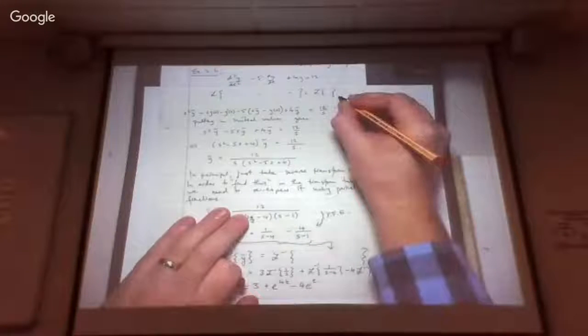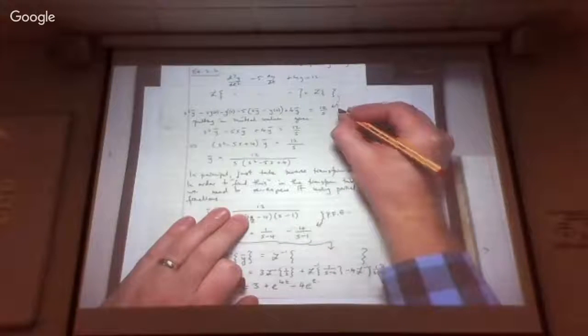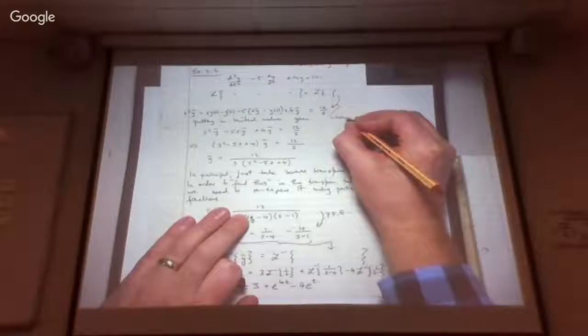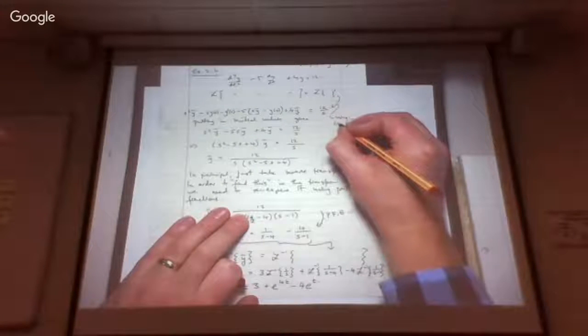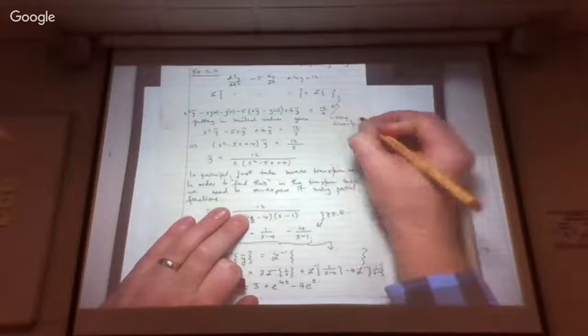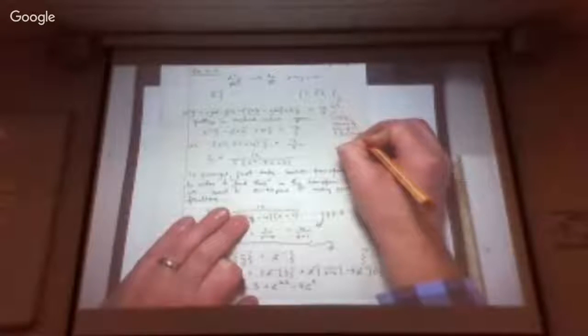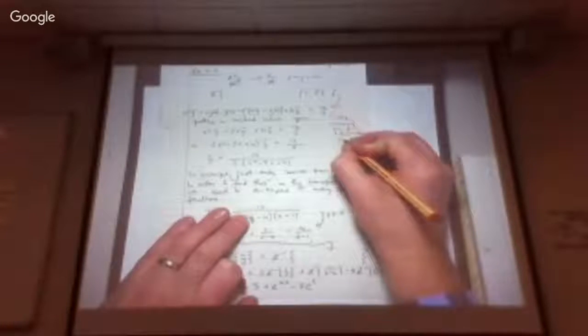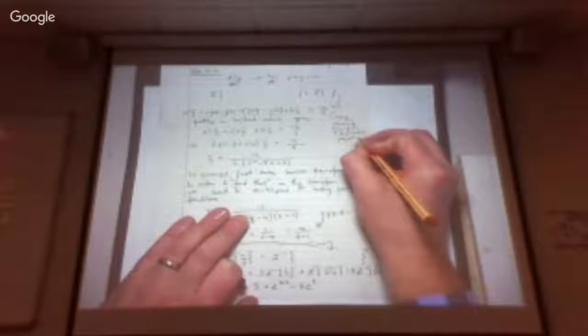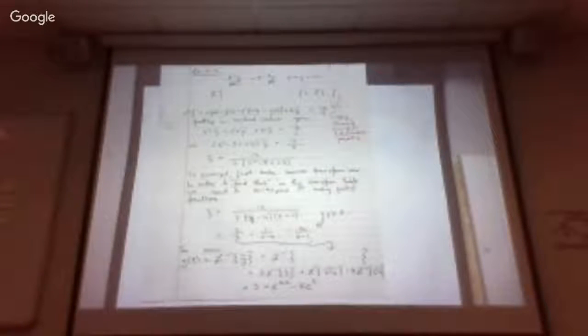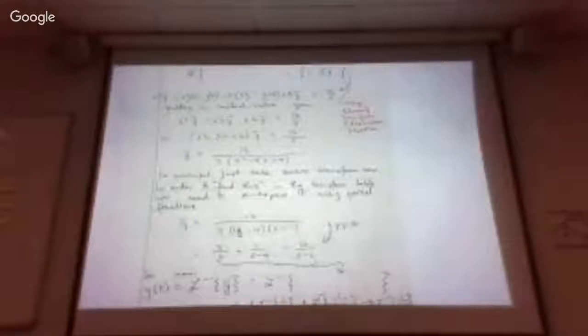To get to this step here, we're actually using linearity and the transform of derivatives properties. How to transform a derivative of the function y and relate that to the transform of y.